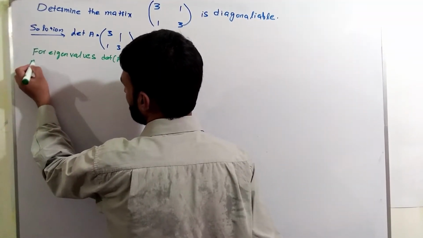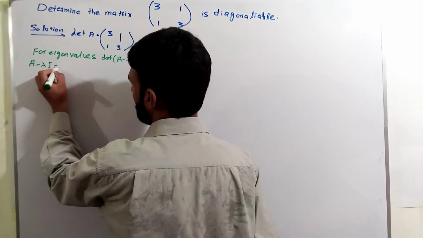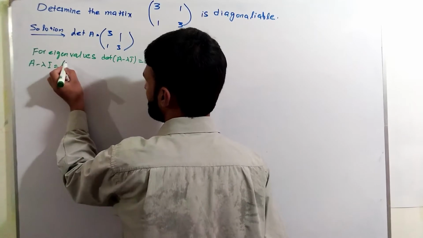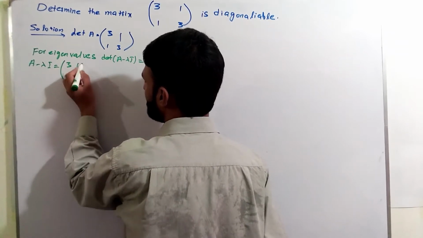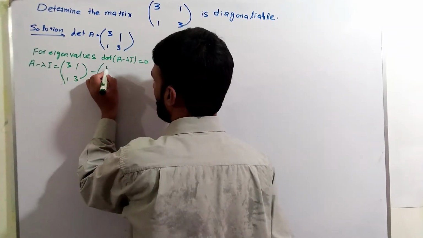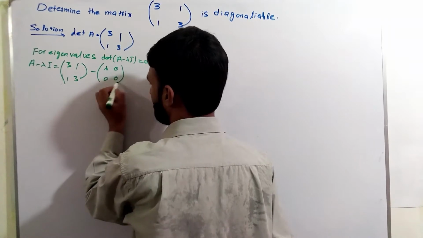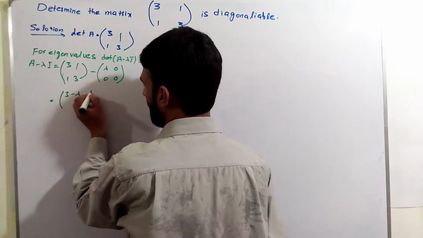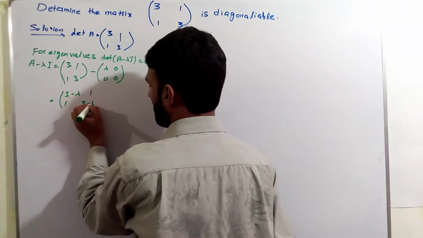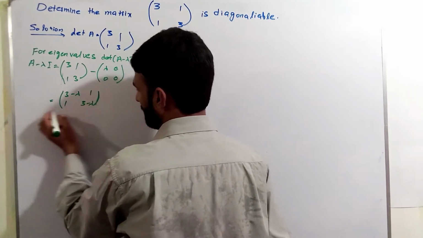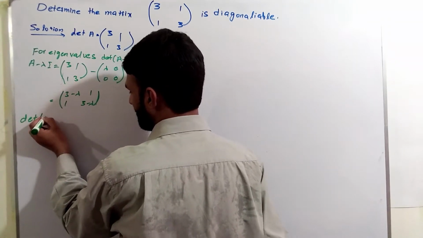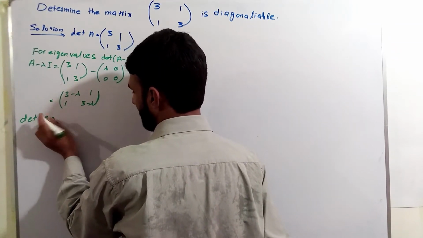We can write A minus lambda I as [3, 1; 1, 3] minus lambda times [1, 0; 0, 1], so here we obtain [3 minus lambda, 1; 1, 3 minus lambda]. Now we find the determinant of A minus lambda I.